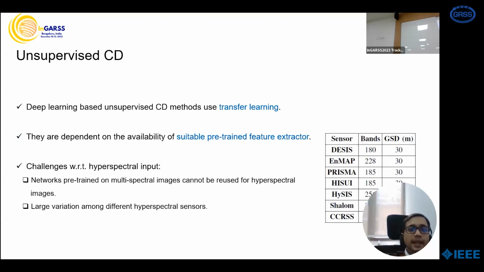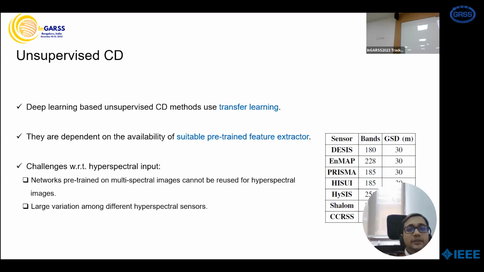Change detection can be supervised or unsupervised. This work particularly focuses on unsupervised change detection. Deep learning based unsupervised change detection methods use transfer learning. They are dependent on the availability of a suitable feature extractor. However, availability of such a feature extractor may not be straightforward in the case of hyperspectral sensors.